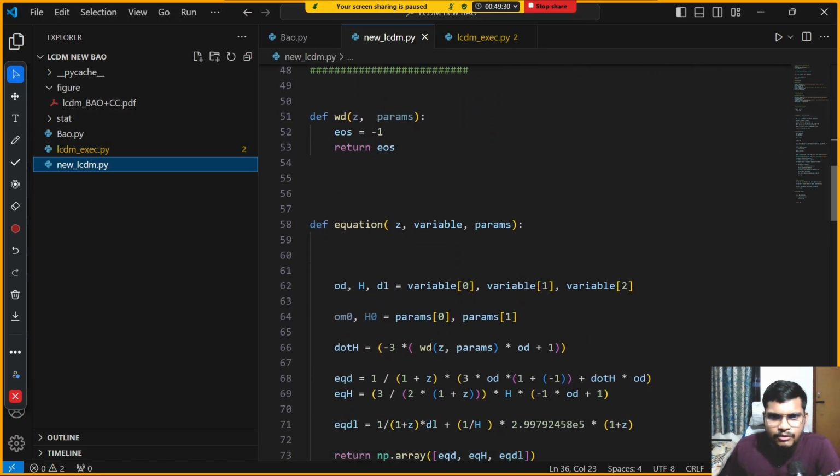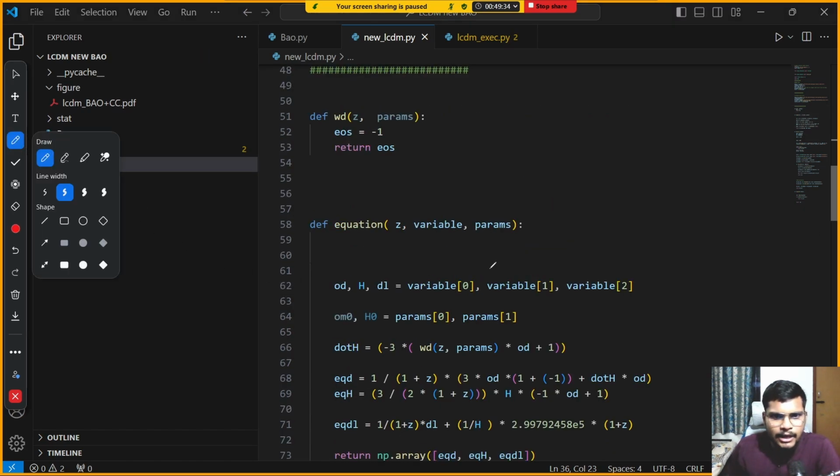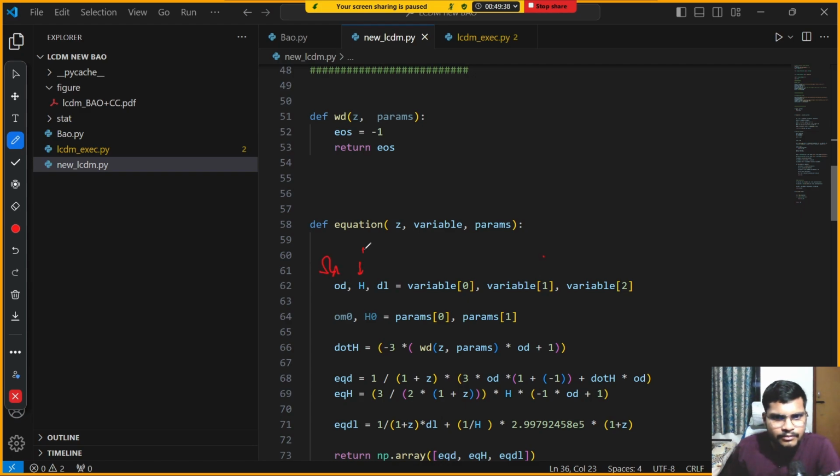Now this is my parent equation. What are my equations? First of all, what are my variables? My variables are omega lambda, second is h, and third one is dl. Now what are my initial conditions? Initial conditions are omega m0 and h0. Now because parameters will always be in the form of a list, the first position is the 0th one, second one is 1, and third one is 2.